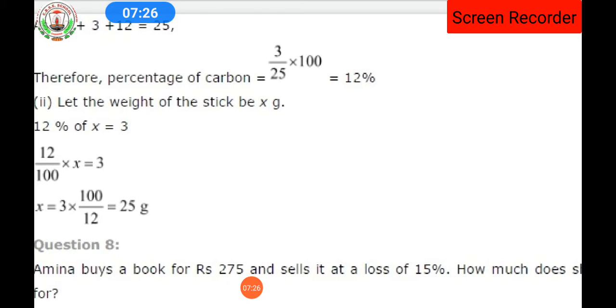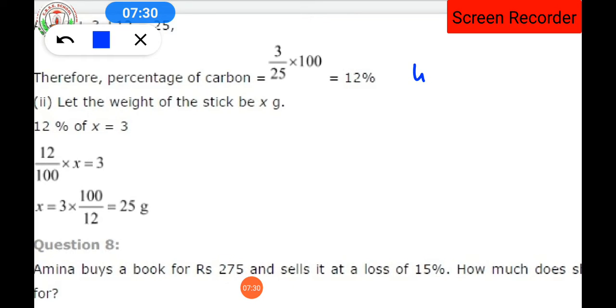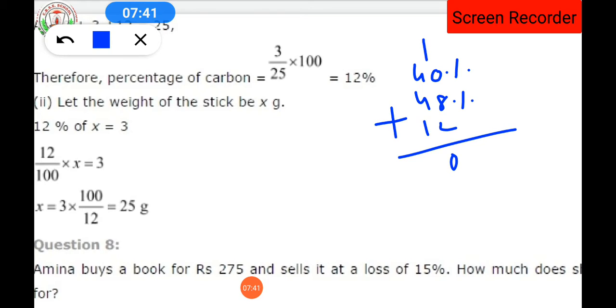So adding all the ratios, that is 40, plus 48, that is oxygen, plus 12. So adding all the three ratios of the different substances, we will get 100% while adding. So our answer is correct.